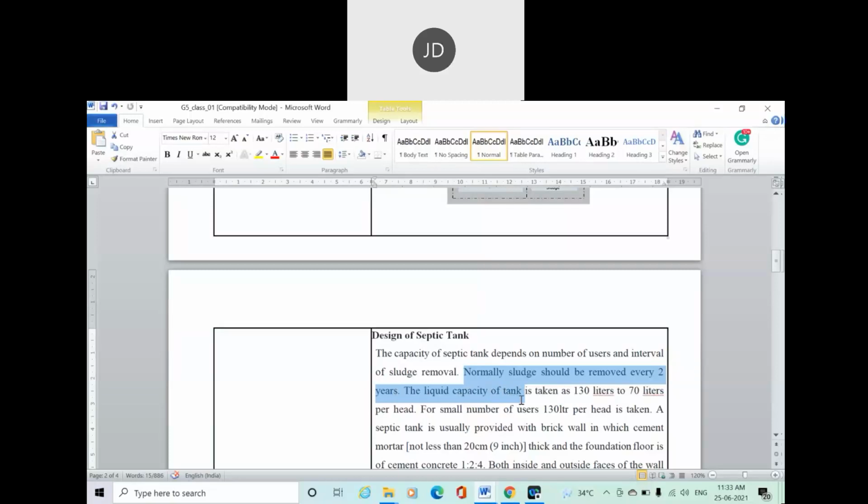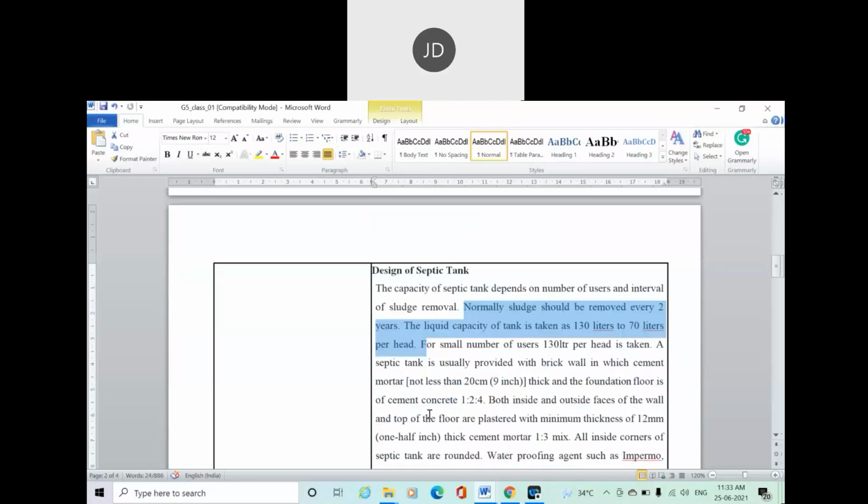The liquid capacity of the tank is taken as 130 liters to 70 liters per head, that is, per person. For a small number of users, 130 liters per head can also be considered. A septic tank is usually provided with a brick wall in cement mortar of thickness not less than 9 inch or 20 centimeter.